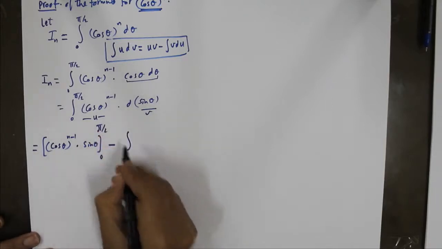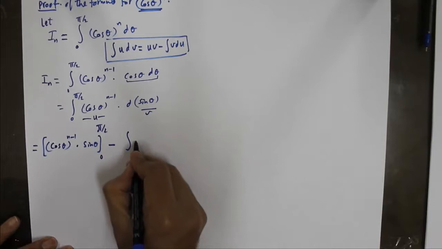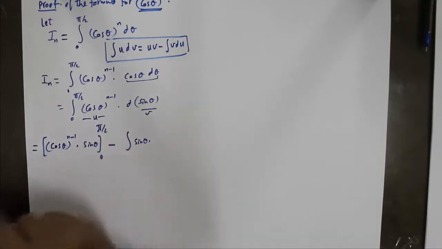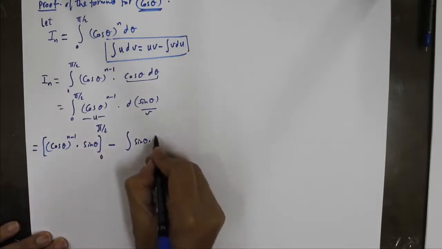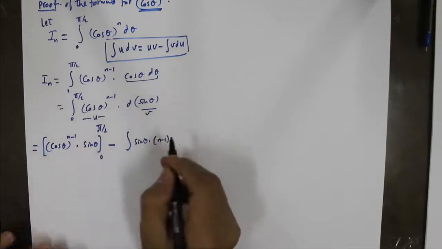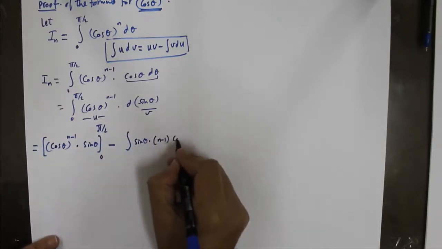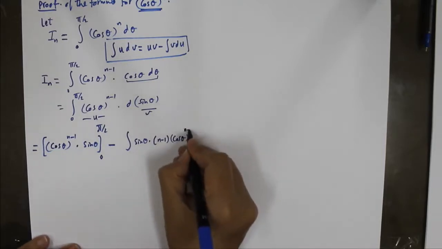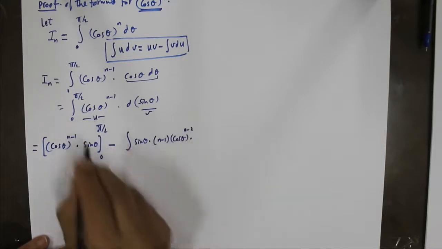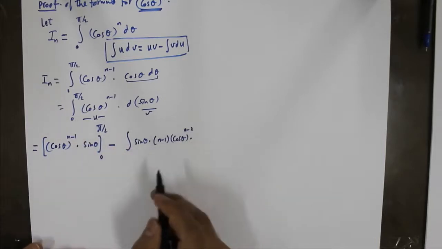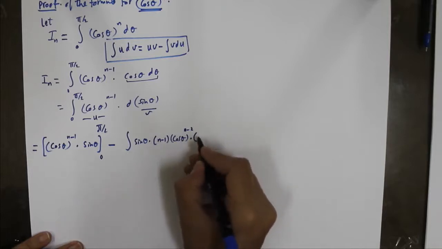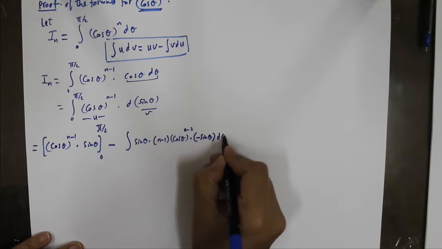Minus integral of v du, v is sine theta, du means to take the derivative of this one, which gives you n minus 1, the power down, lowered by 1 to get cosine theta power n minus 2 times the derivative of what's inside the parentheses, again negative sine theta d theta.